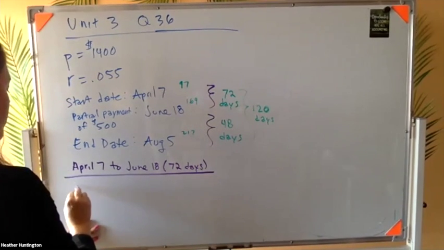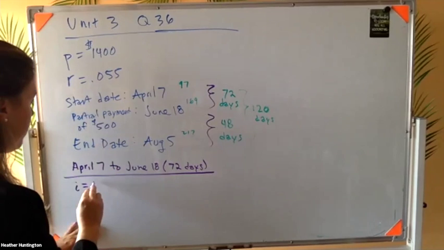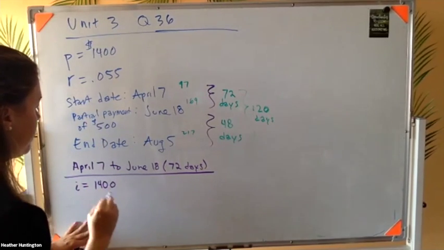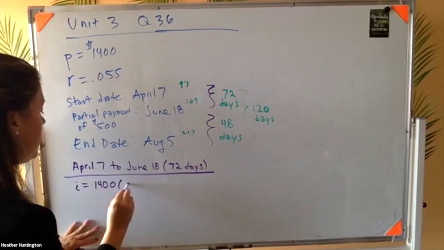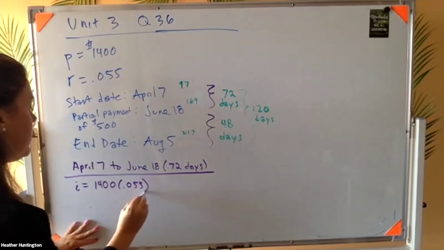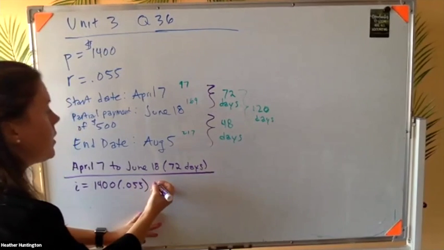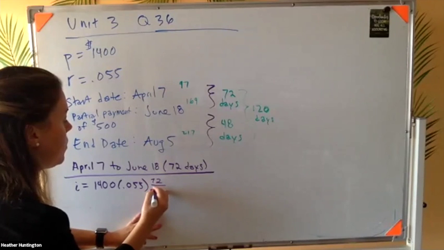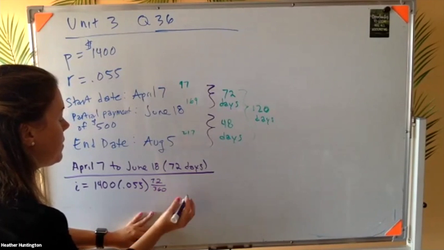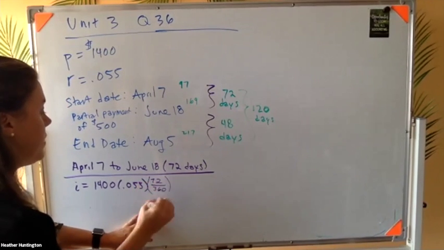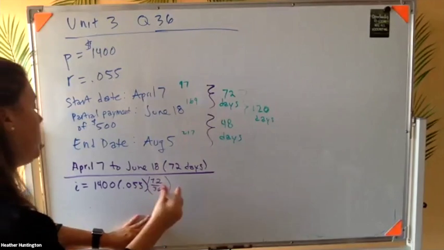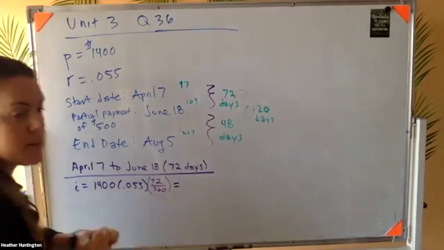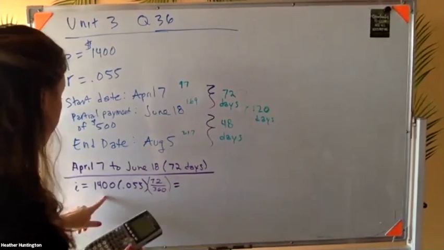The interest is going to be equal to the principal, which is 1,400 times 0.055. Now, this is where the banker's rule comes in. So it's 72 days out of the whole year. We're going to use 360 days. So that's the part of the year that we are paying this interest rate and pay on this principal.